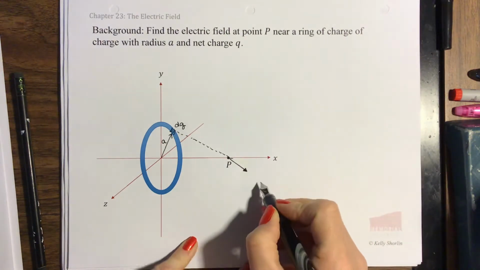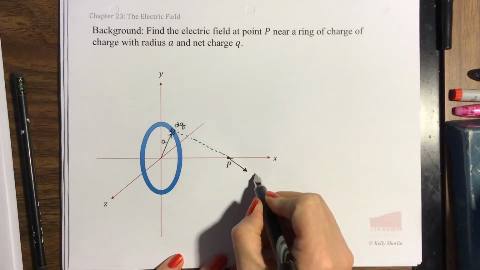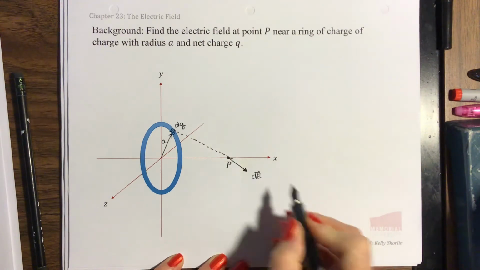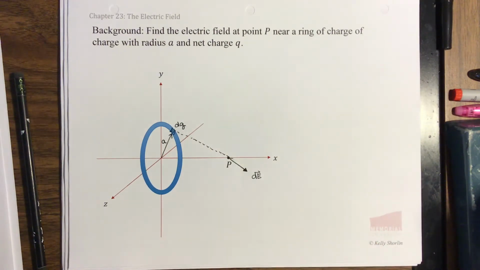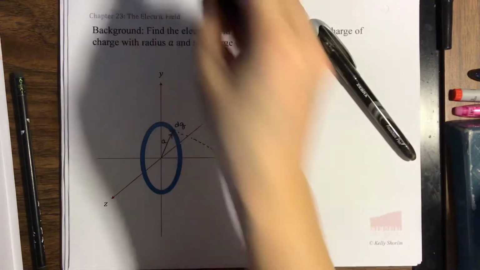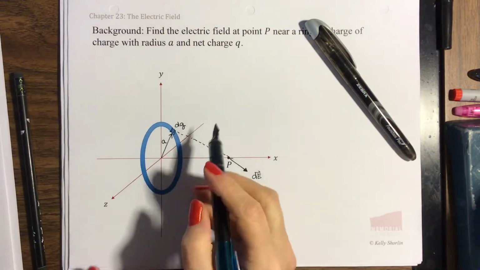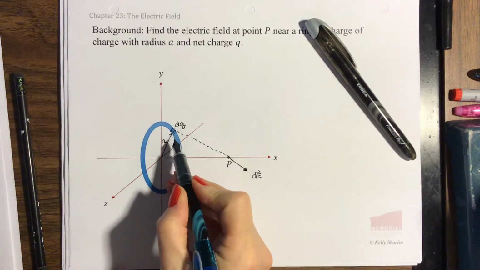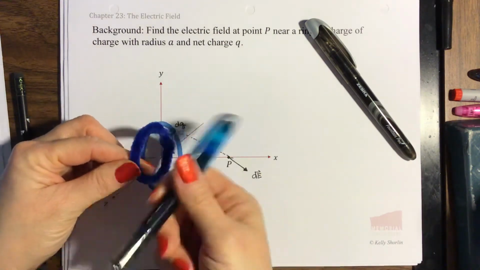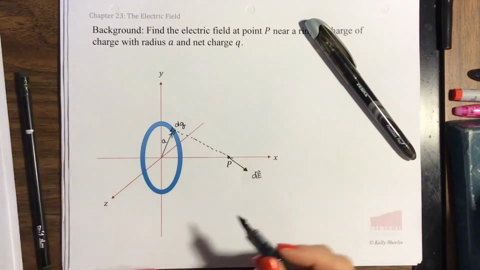So there's my little bit of electric field dE. That little bit of dE is definitely a vector because electric field is a vector, which means it's going to have components. Our dq, since it's in the back half of the ring, means it's going to point forward in the positive z direction.